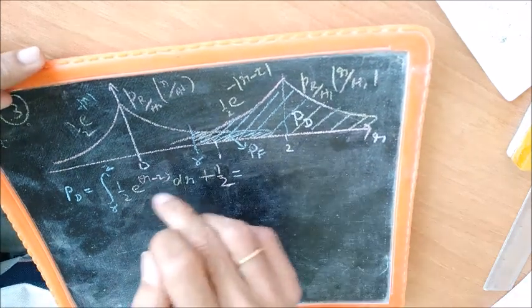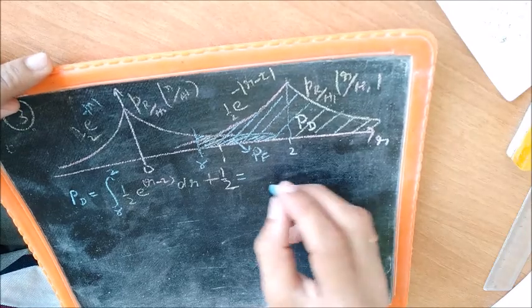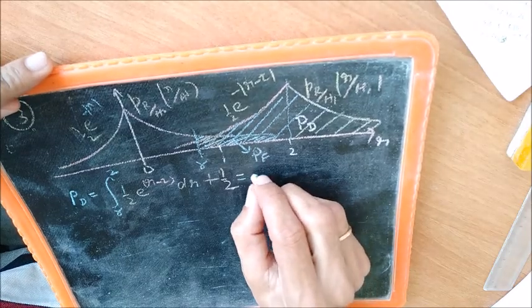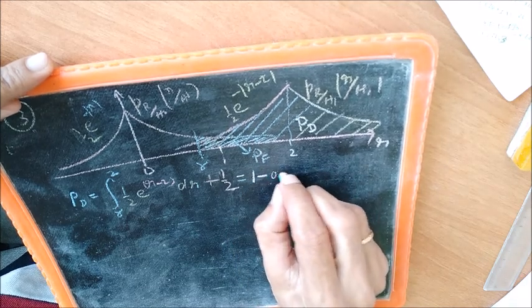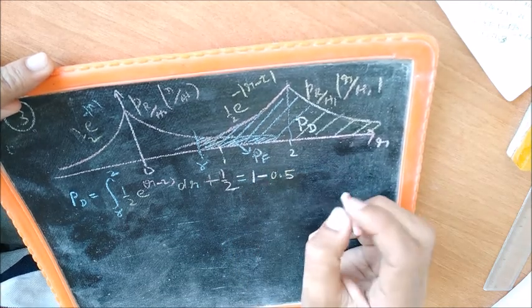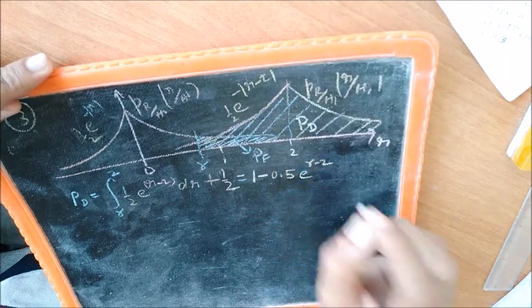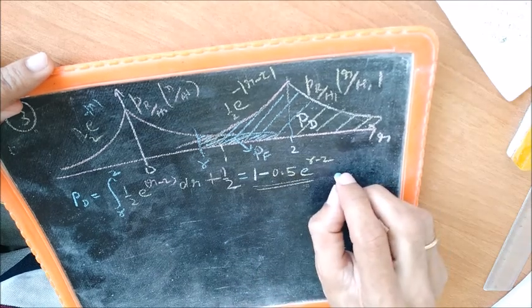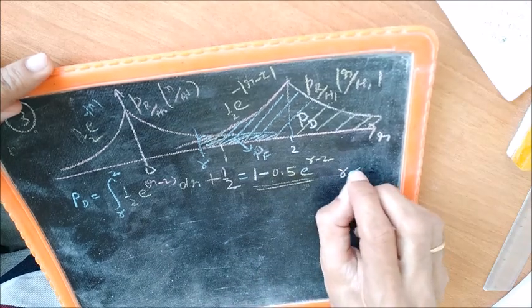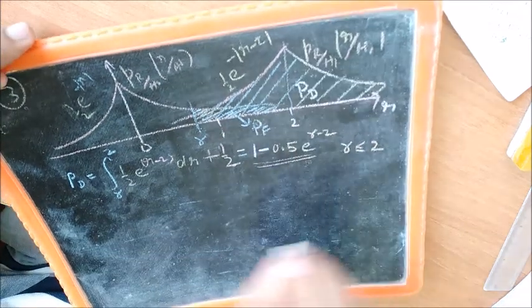I will give the result, I will not write the steps, it's a very simple integration, you can verify, and in case you are getting a different result, you can get in touch with me. It is 1 minus 0.5 e^(gamma-2). So this is the probability of detection when gamma is less than or equal to 2.